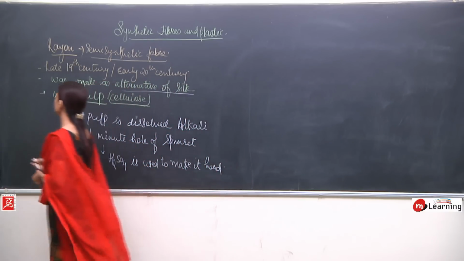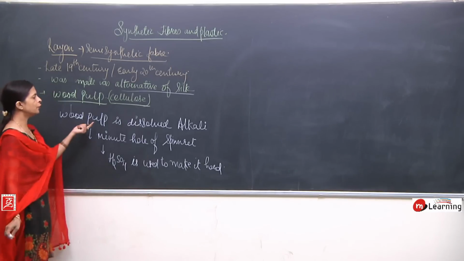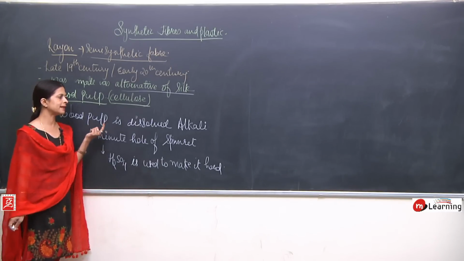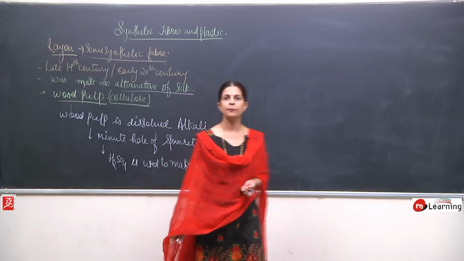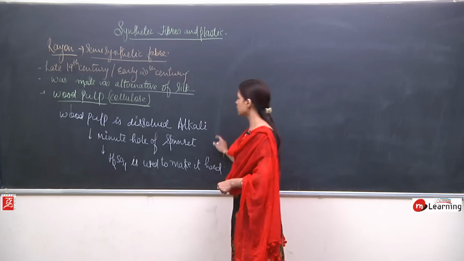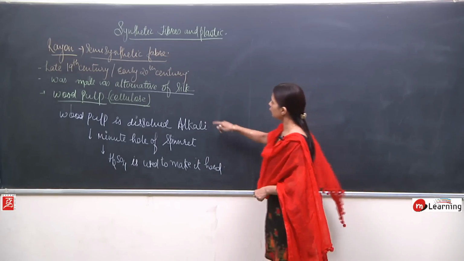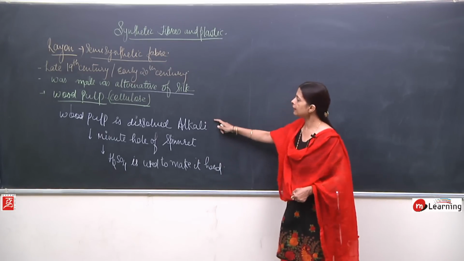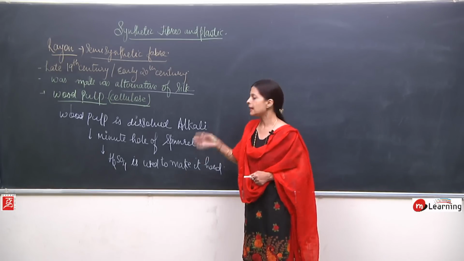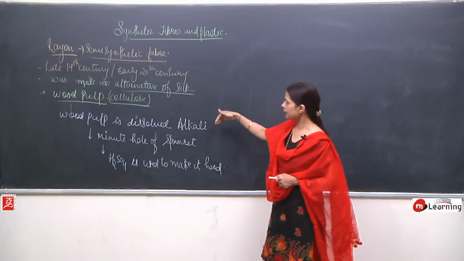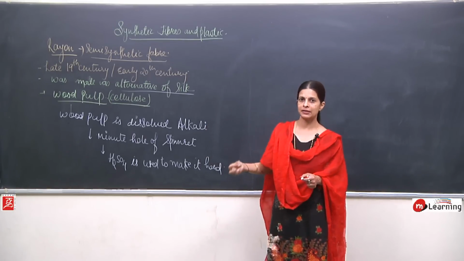So first of all, what is done? The cellulose of wood pulp is taken and dissolved in alkali. When the solution is formed, it is passed through these small holes, and from there it gets converted into a fiber-like structure.